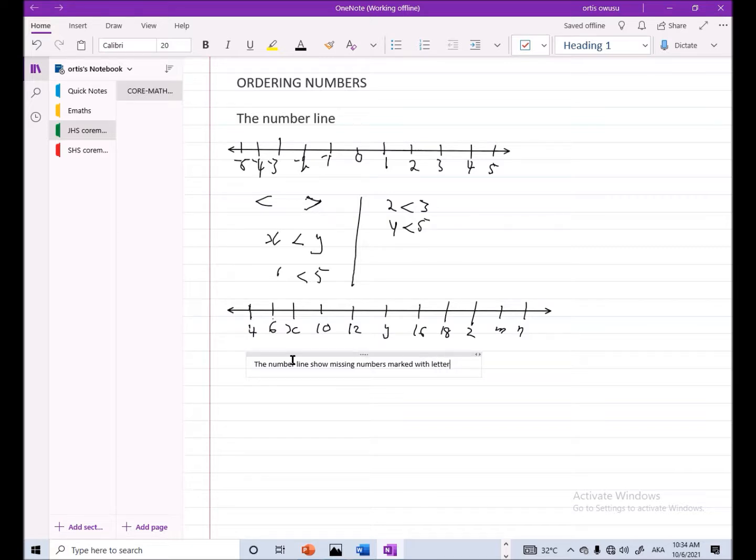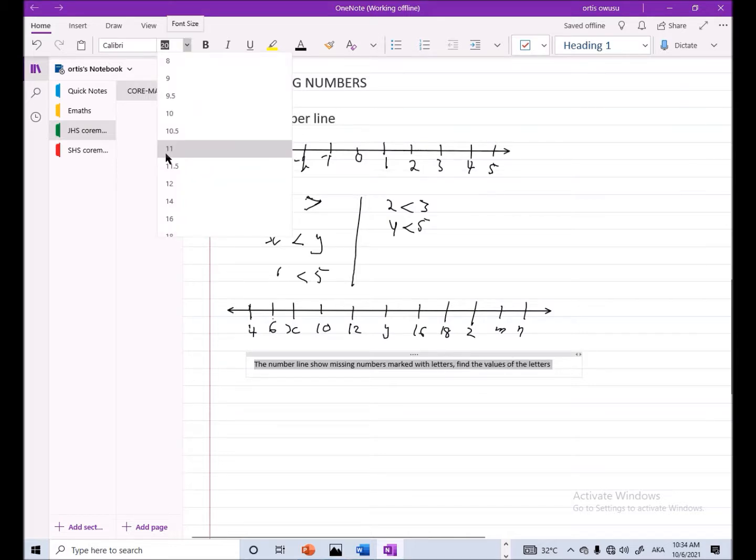Find the values of the letters. Okay, so here we go. How do we do this?